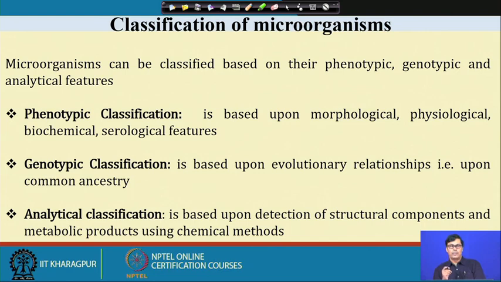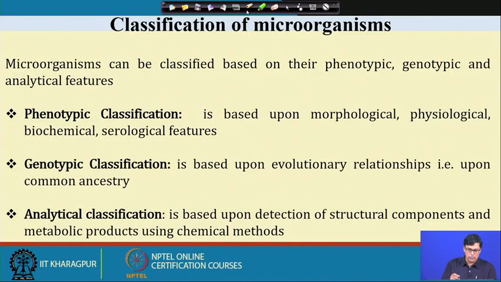Now, in the last lecture I also talked about classification, that is, different types of classification on the basis of prokaryotics and eukaryotics. Here the classification is on the basis of other types: phenotype, genotype, and analytical classification. Now we are going a little bit deeper into these microorganisms. What do we mean by phenotype?